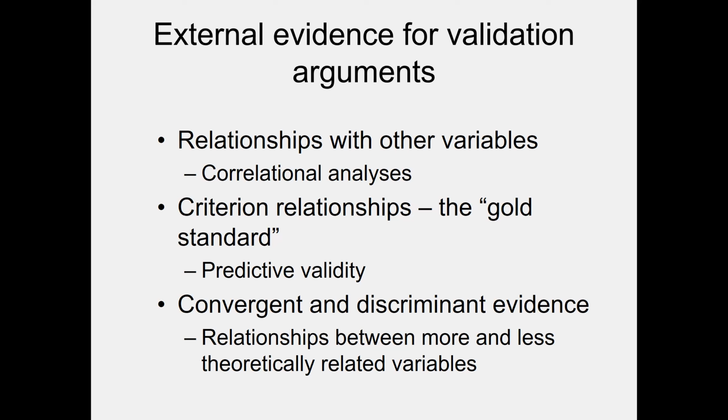So you're looking to see whether an instrument's scores yield interpretations that are consistent with scores from similar measures and inconsistent with scores from measures of different but related variables. So plausible variables, but different constructs. So we're going to look at both of these.